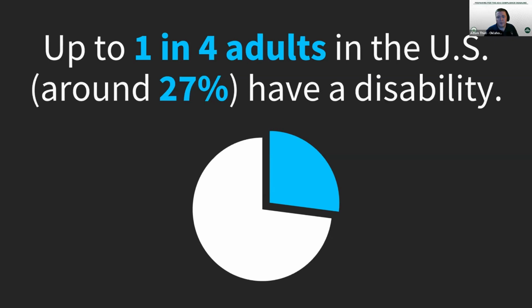And so that's a huge chunk of the population, has some form of disability. And so if you can make your content accessible, then you're kind of automatically reaching 27 to 30% more people than you would have normally. And yeah, that's just kind of a mind blowing statistic that a lot of people don't think of.